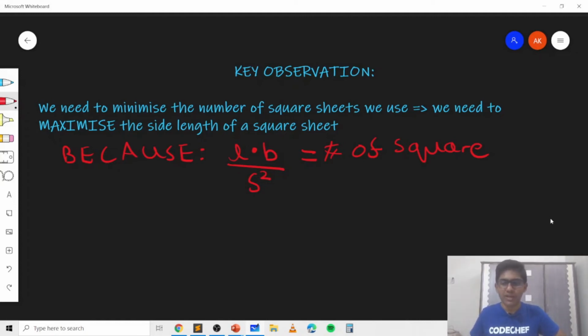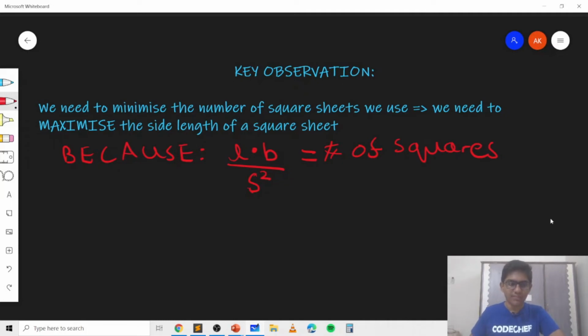That's why l into b divided by s squared will give you the number of squares, and this basically means that in order to minimize the number of squares we need to maximize the side length s, and in order to do that we basically need to figure out a way of choosing a valid s.